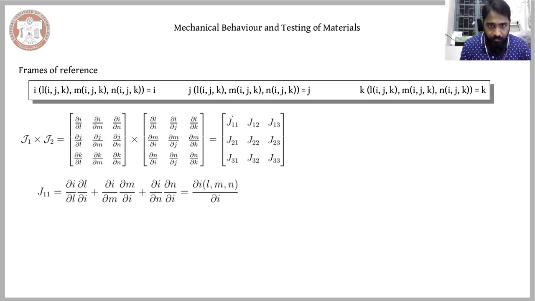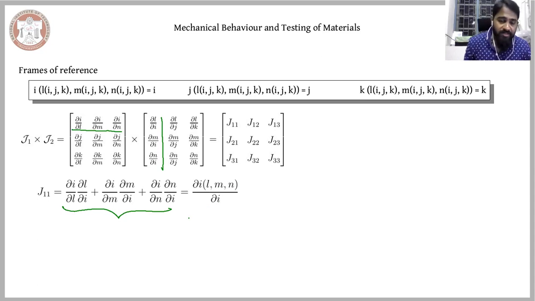The J11 is nothing but the product of this row with this column, which is expressed here. And this summation can be seen as the chain rule expansion of this derivative. So what it essentially means is I'm considering how my I is going to change with respect to my I, but my I is dependent on L, M and N.